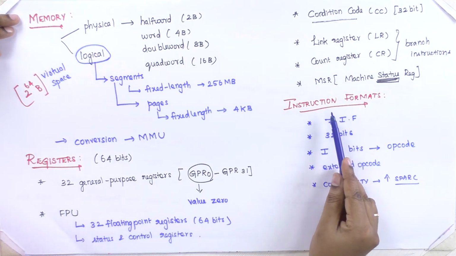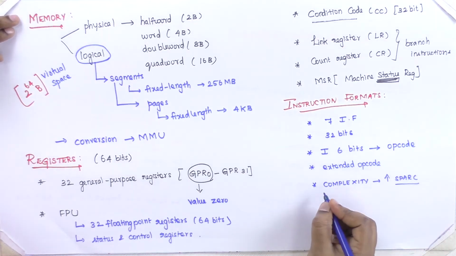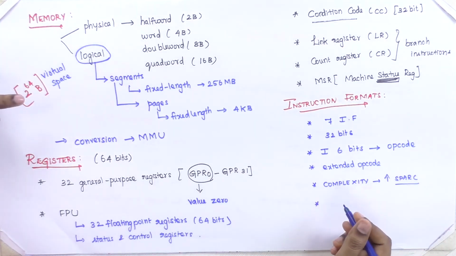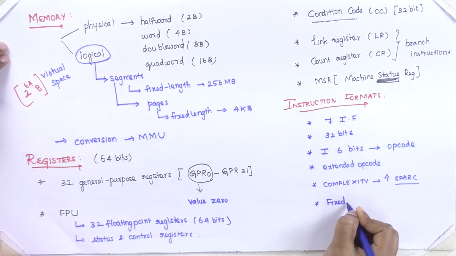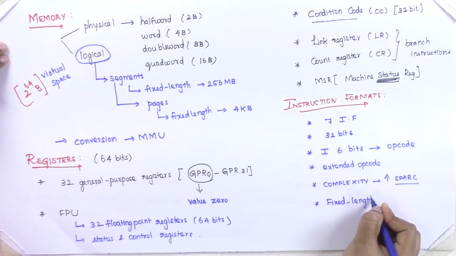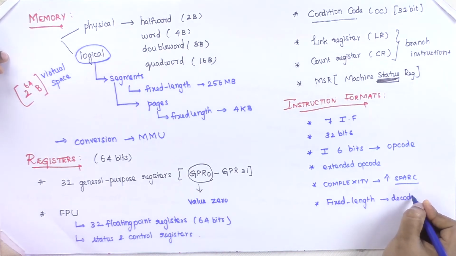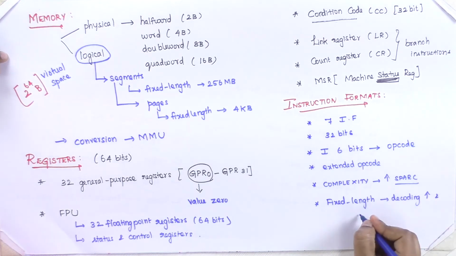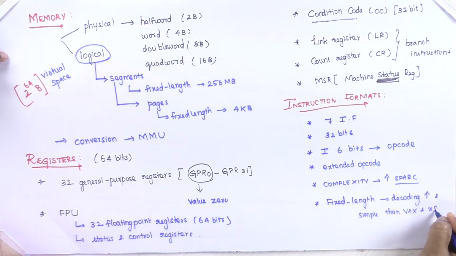Since, as we have seen before, all the instruction formats are fixed length, the decoding of instructions is very much faster and simpler than VAX and x86 architecture.